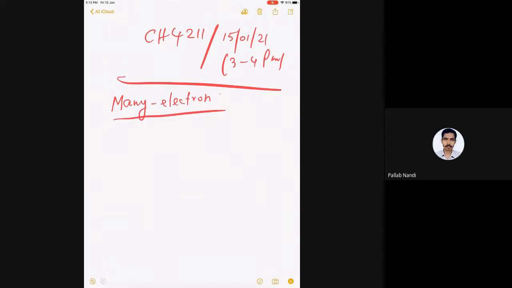Whenever we look at molecules, we are going to use the Born-Oppenheimer approximation. I'm going to come to that a little bit later. But this essentially means that I have an electronic Hamiltonian in the field of the fixed nuclei. So the nuclei positions are fixed, and I only have an electronic Hamiltonian.